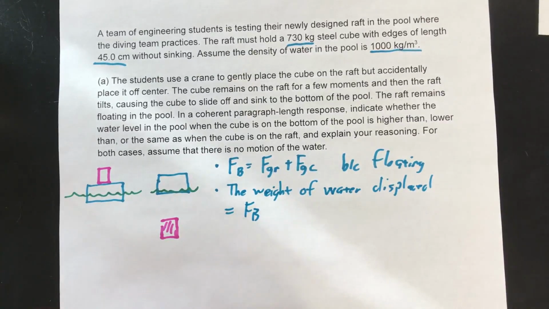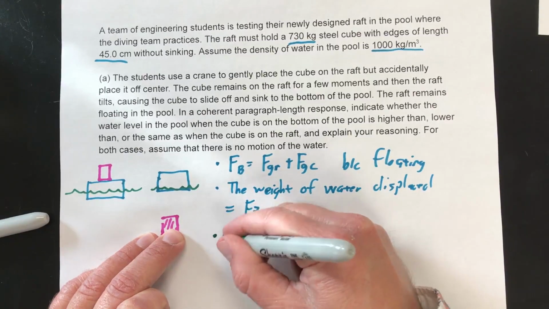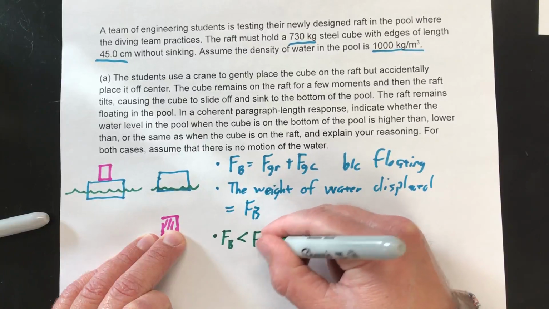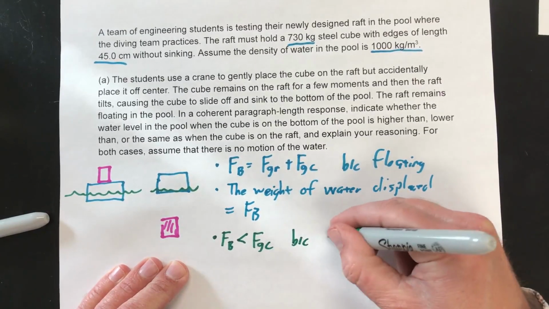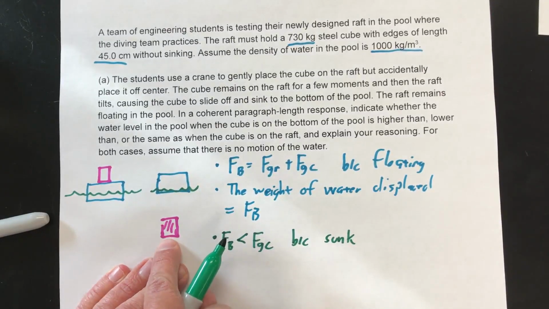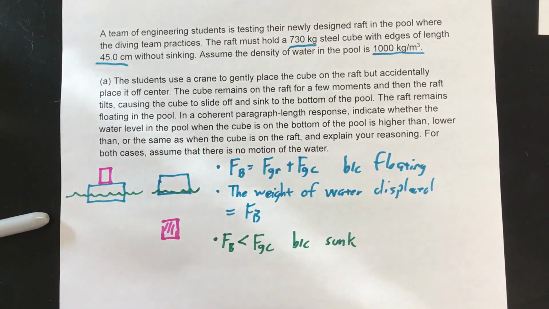Next point you want to think about is when the cube is on the bottom, down here, we know that the buoyant force is less than the cube's weight on it. Why? Because it's sunk, right? So because it's sunk, the buoyant force on it is now less than it was before. You can think about the raft helped the cube displace a bit more weight.